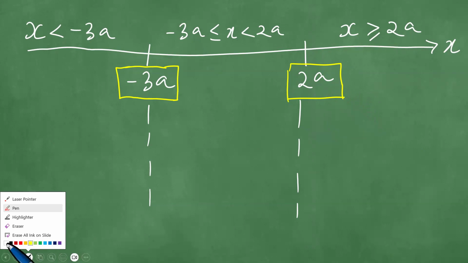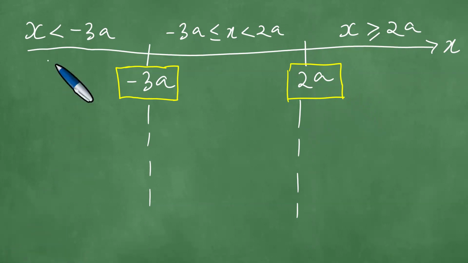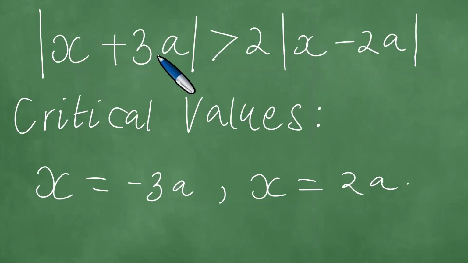Now when x is less than minus 3a, let's pick a random number less than minus 3a, maybe minus 4a. Minus 4a plus 3a will be minus a, meaning we have a negative.